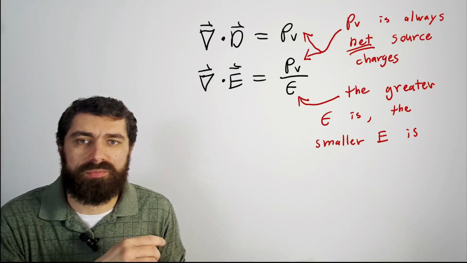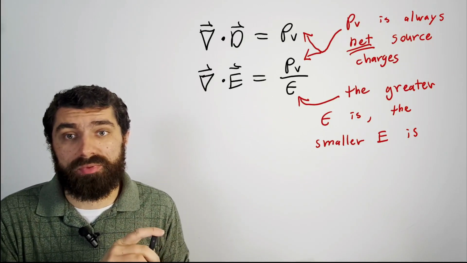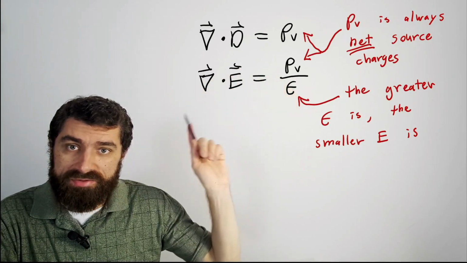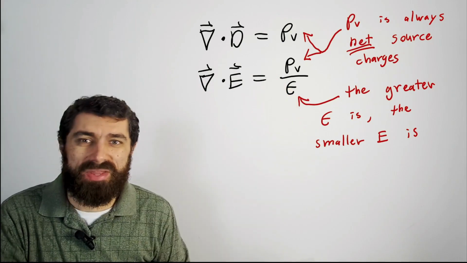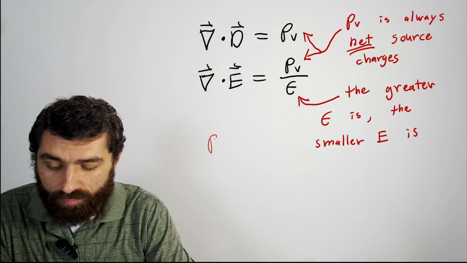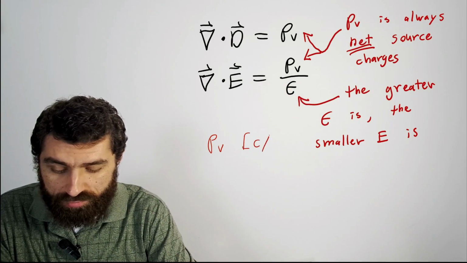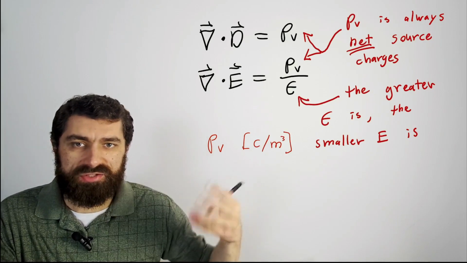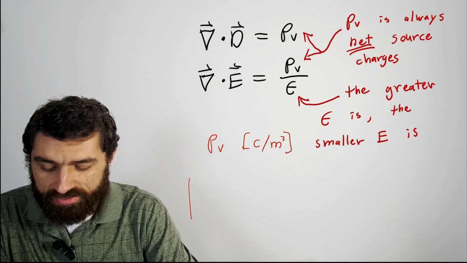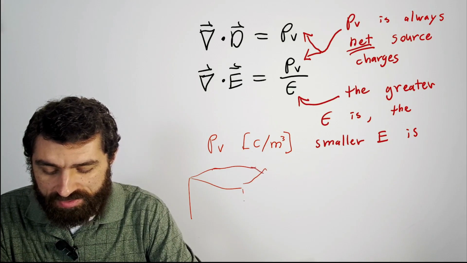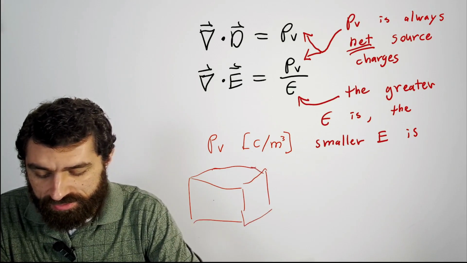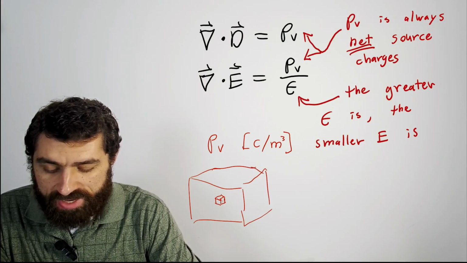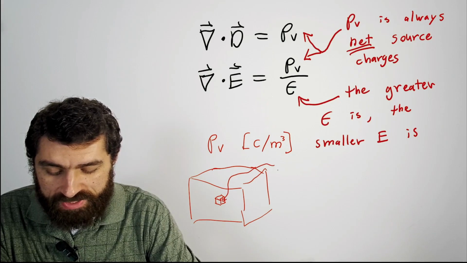So let's think about this from the perspective of the differential form of Gauss's law. The divergence of D is equal to rho v, so the divergence of E is equal to rho v over epsilon. Again, I want to emphasize that rho v, in coulombs per meter cubed, is your net charge density, or excess charge density. So if you have a dielectric material here, and you sketch out a tiny cube in it, you would ask what rho v is in that cube.